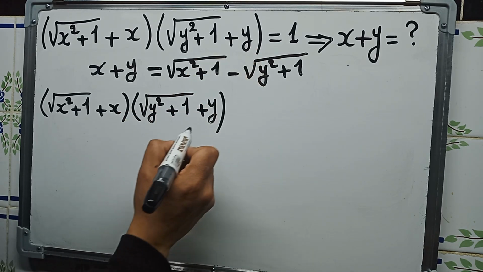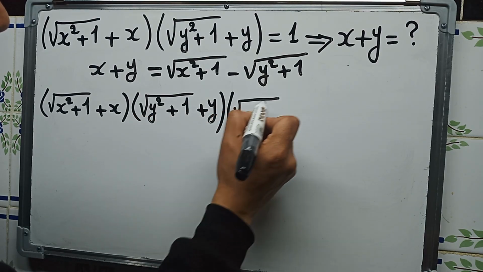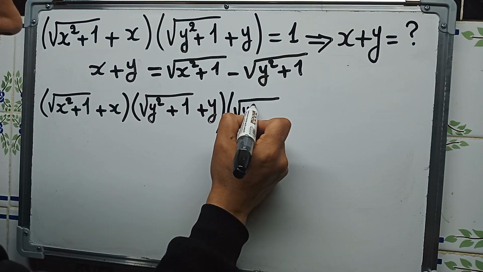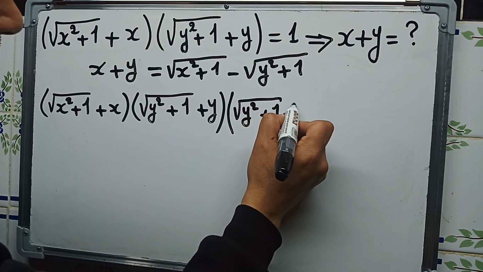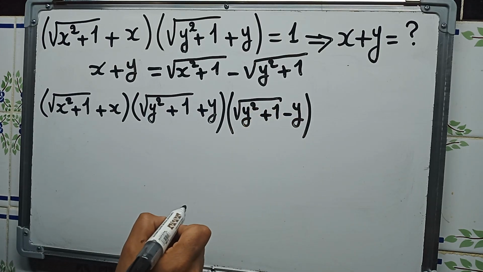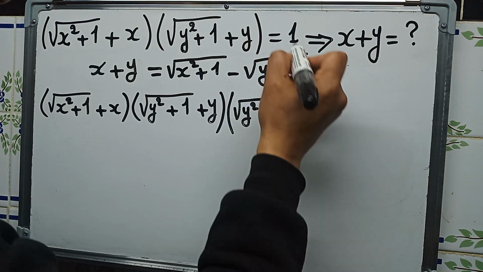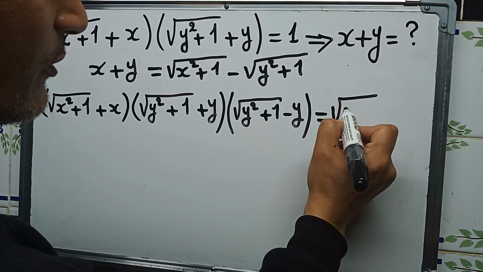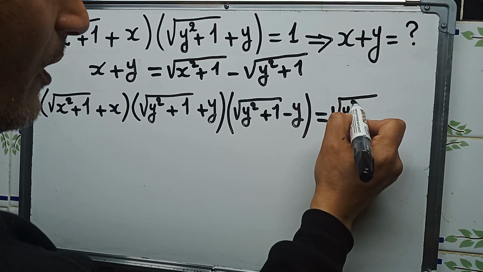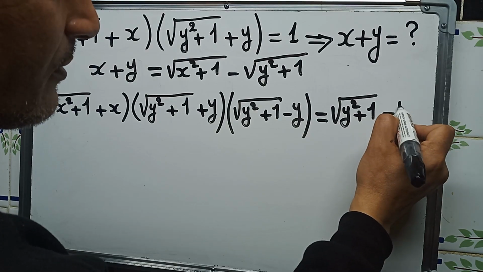Here we multiply by the conjugate of this number, which is square root of y squared plus 1 minus y, is of course equal to 1 times the same number, and 1 times this number is just this number. So square root of y squared plus 1 minus y.